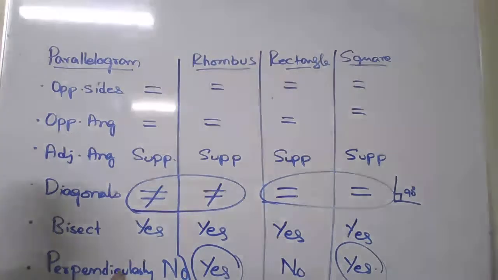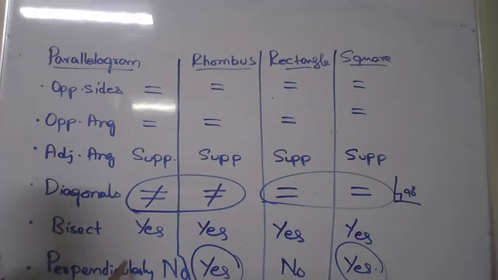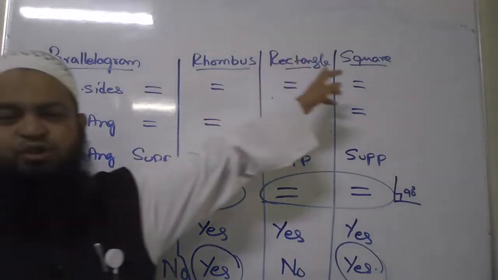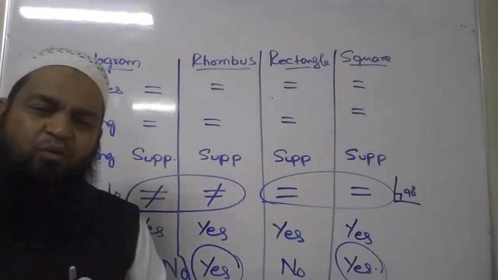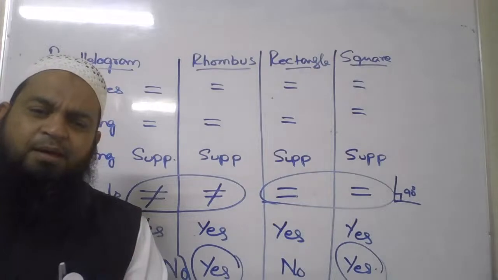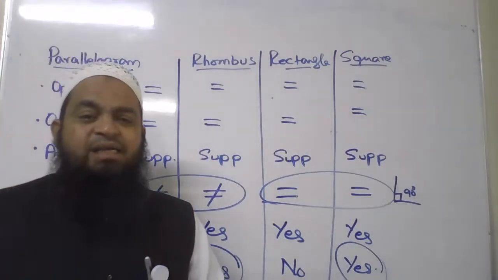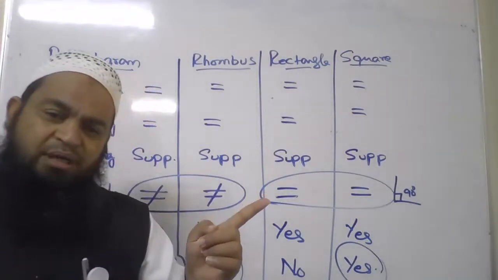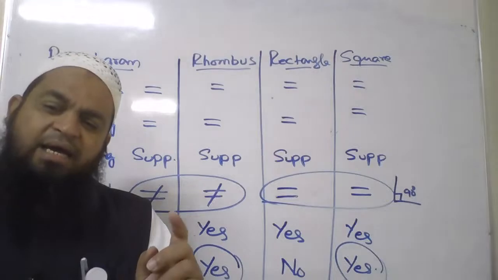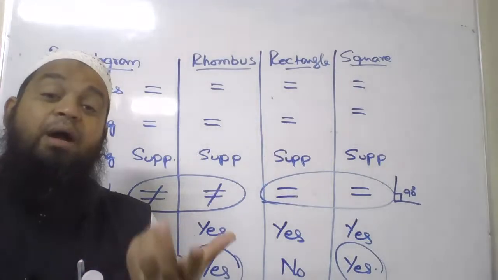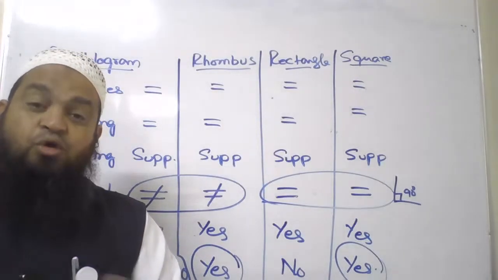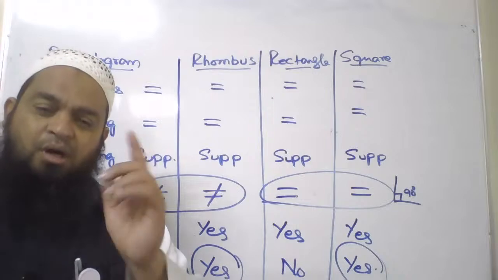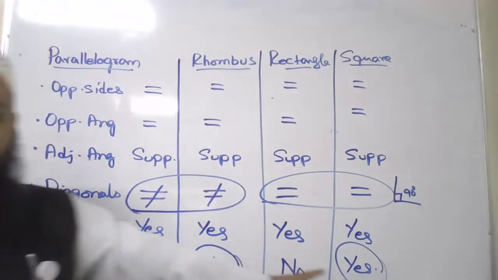The diagonals bisect perpendicularly in rhombus and square. Can you tell me what is the special property? The special property is that in rhombus and a square, they are perpendicular bisectors. But why? How to remember it? Okay, they are perpendicular bisectors.